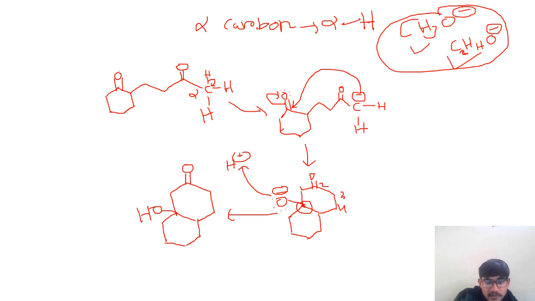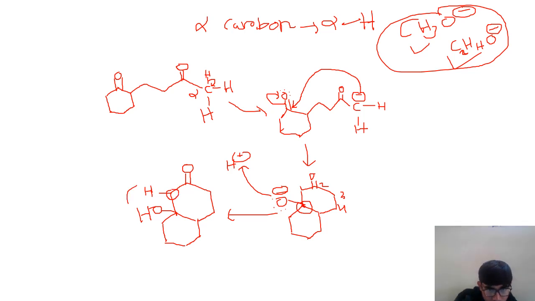In the final step, as in aldol condensation, the hydroxyl group is created and then that hydroxyl group will undergo dehydration. The formed compound undergoes dehydration by removing the hydrogen from the carbon adjacent, or neighboring, to this OH. The neighboring carbon is this one which I have rounded here.